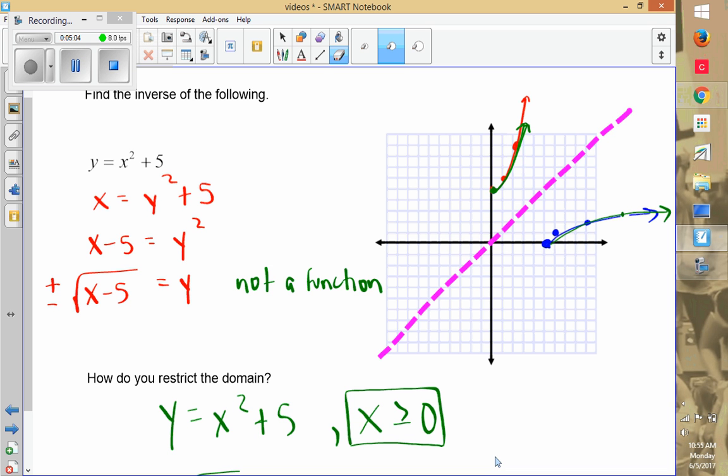So if I need the inverse to be a function, we would need to restrict the domain from the beginning. If I don't care if the inverse is a function, and I just asked you for the inverse of x squared plus 5, you would include both positive and negative square roots.